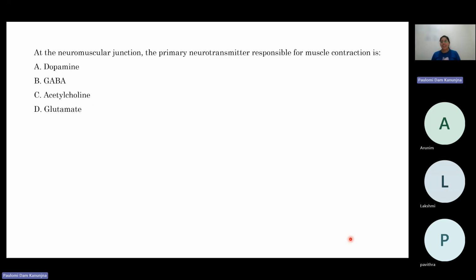Okay, so this is, I think, very easy. If we are talking about the neuromuscular junction, which neurotransmitter are we talking about? This should be very easy to answer.